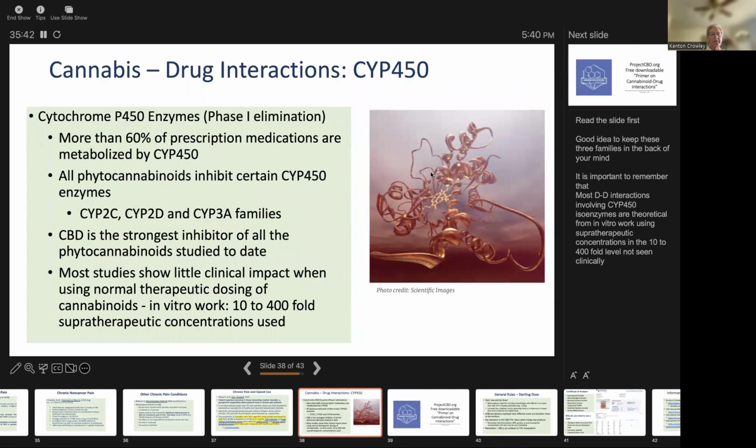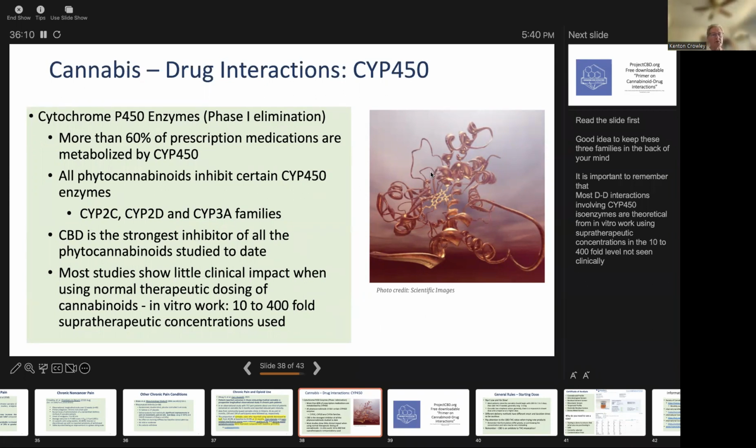So cannabis can have drug interactions, and the main interactions surround phase 1 elimination. More than 60% of prescription medications today are metabolized by the CYP450 system, and all phytocannabinoids can inhibit certain families within that system.